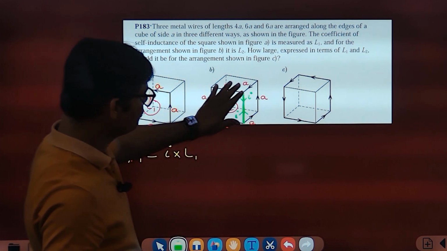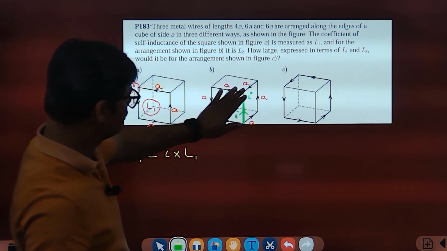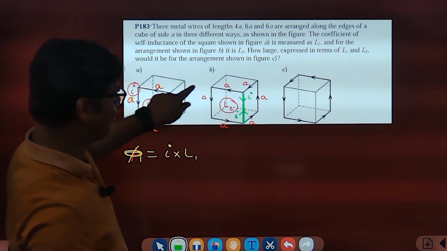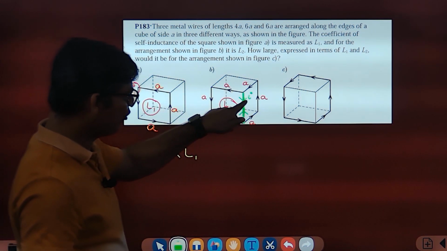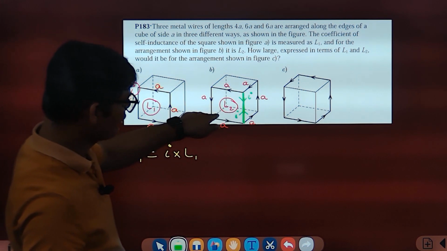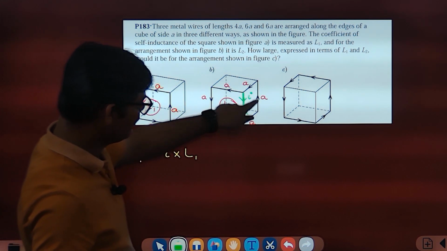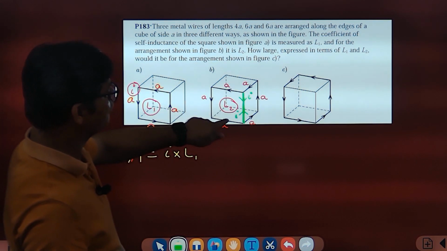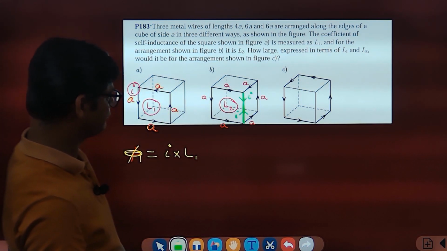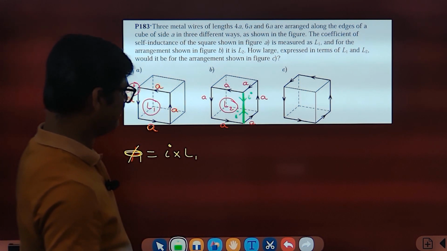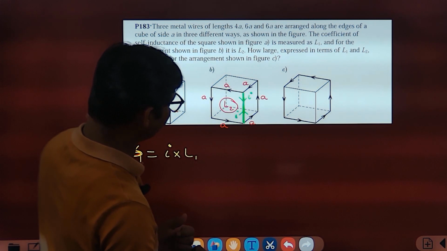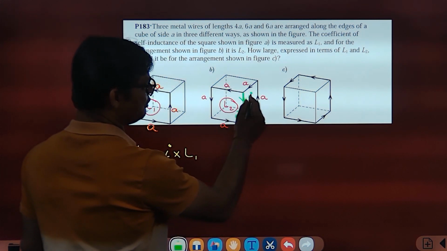Net current in this branch is still 0, but with this technique what we have done is that we made it two loops. Now, obviously, each loop has an inductance of L1, self inductance, but now because they are placed near each other, current in one loop will also contribute to flux in the other loop. So, let them have some mutual inductance, and let that mutual inductance be M between these two loops.